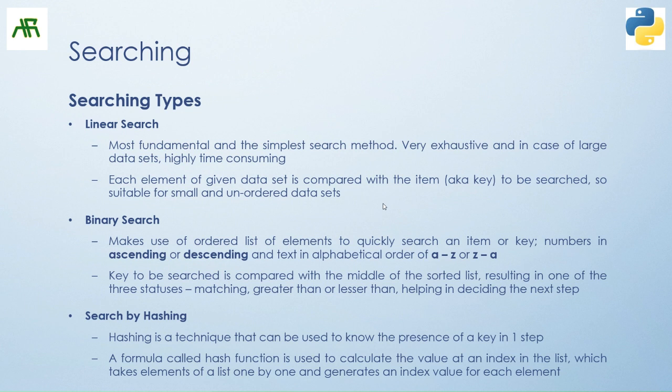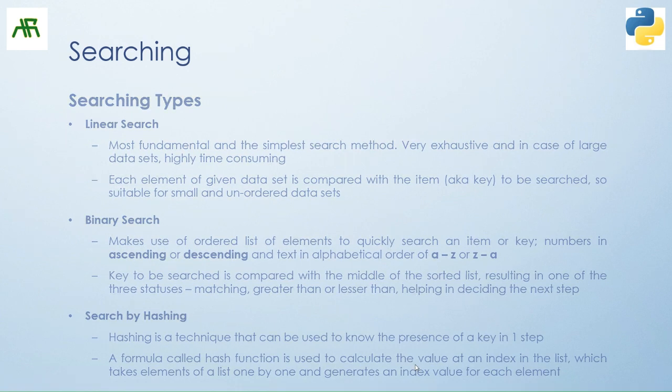It takes an element in the target list, divides by the total number of elements, and finds the remainder. It's also called the remainder technique or remainder search technique. It takes the remainder as a value and places it in that position for further processing.